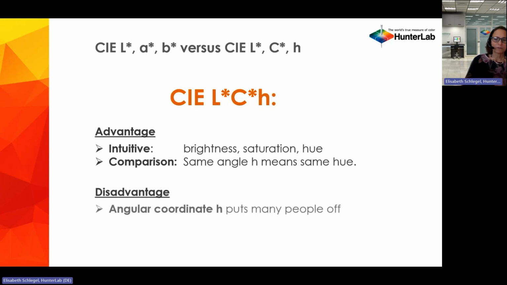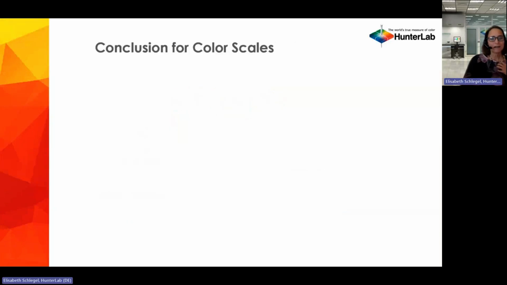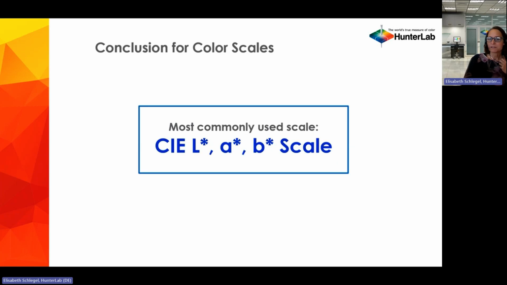But as we see, for most people, an angular coordinate H puts them off. They don't like angles, so it's not very often used. And now if we have a conclusion for these color scales, we can say the most commonly used scale is the CIE L*, a*, b* scale.